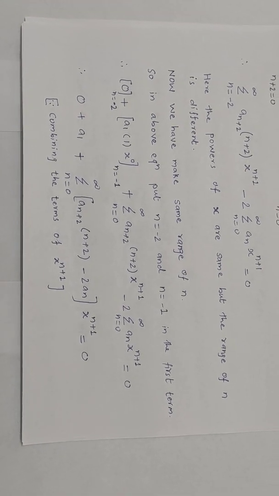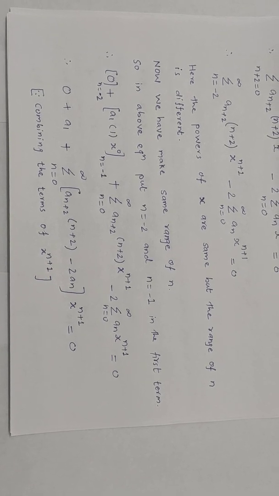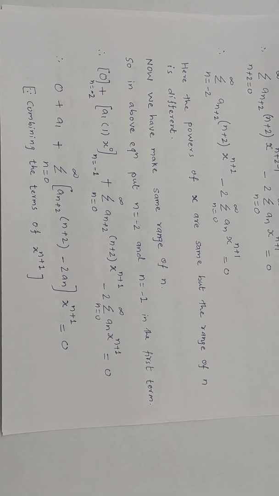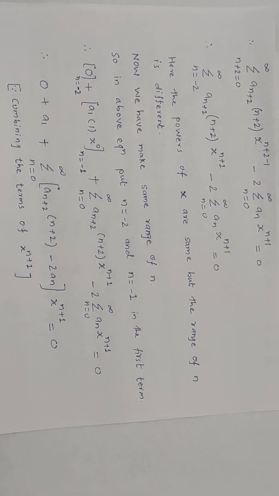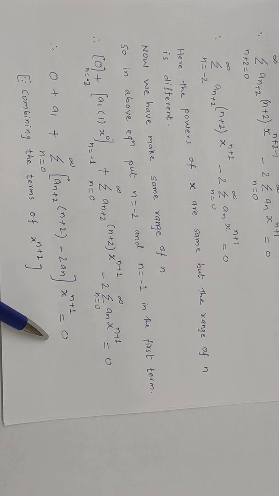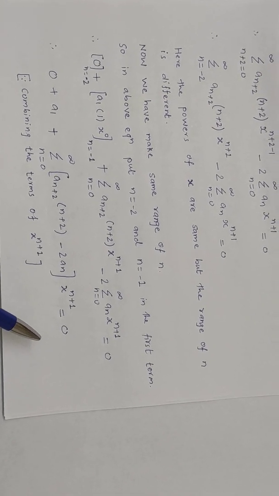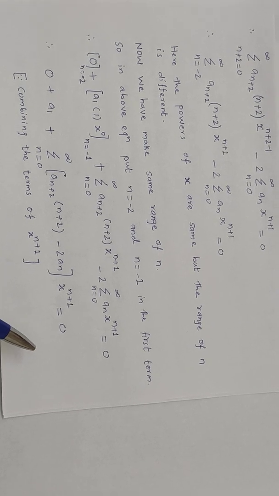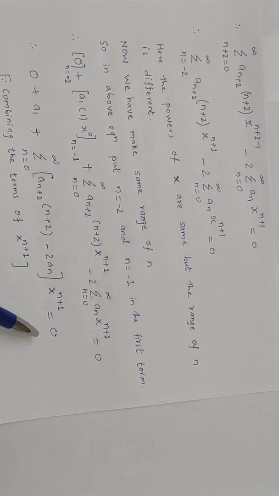So for that purpose, we have to compare the coefficients with 0, because on the right hand side we have been given 0 only. On the right hand side we have been given 0 only, so the coefficients of x squared, x cubed, x raised to n+1 will all be 0, and the constant term is again 0.